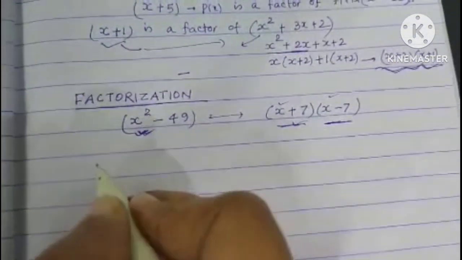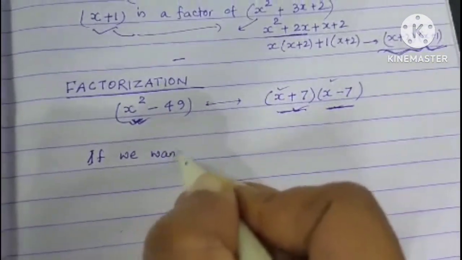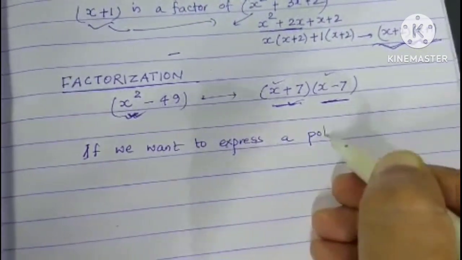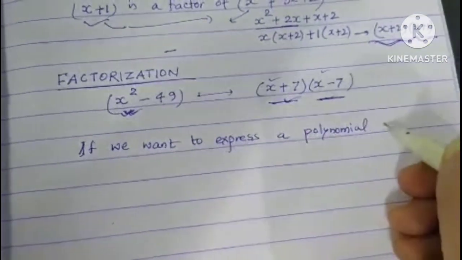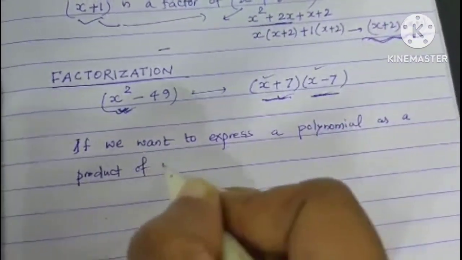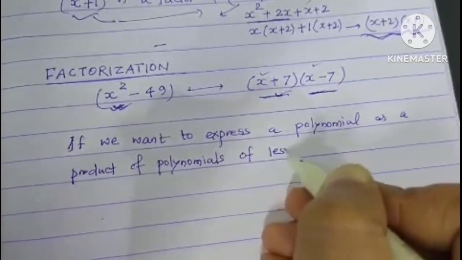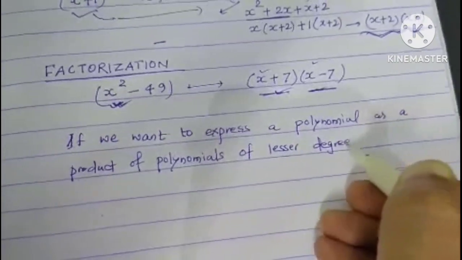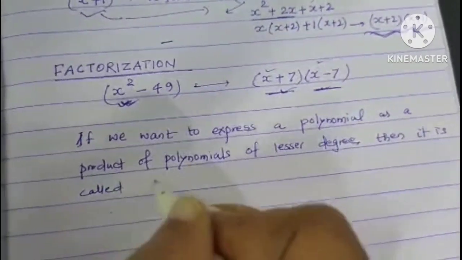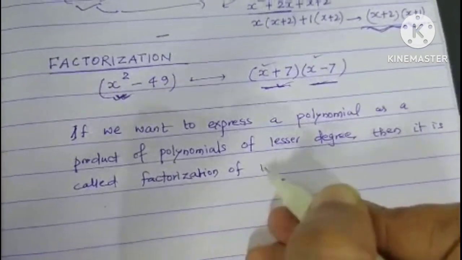So how will we write this? We will write it like this: if we want to express a polynomial as a product of polynomials of lesser degree, then it is called factorization of the polynomial.